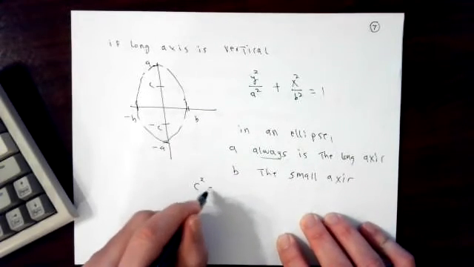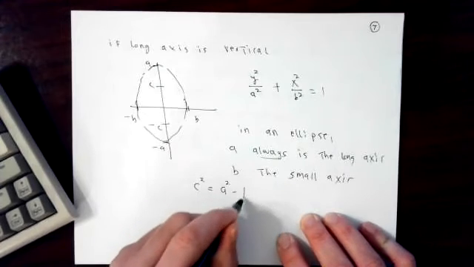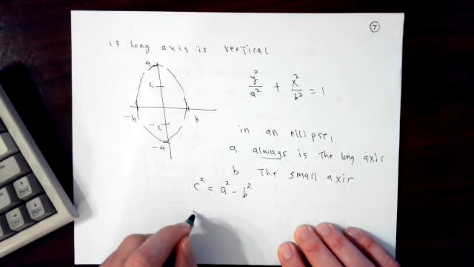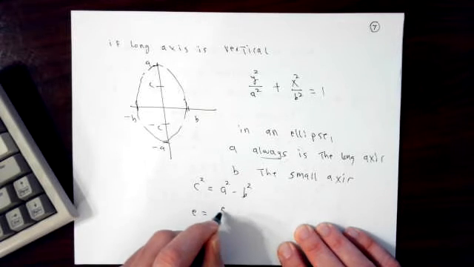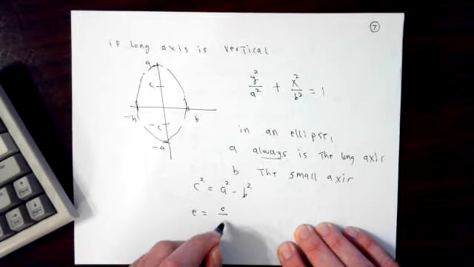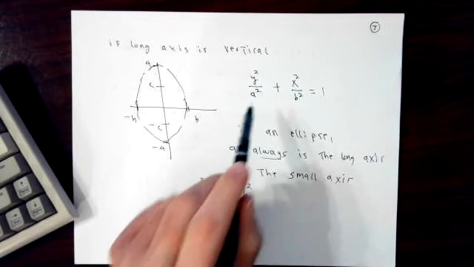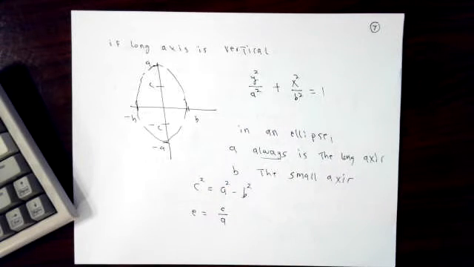I want to be able to calculate the location of the foci, using that same formula. And the eccentricity is c divided by a again. So really, it's immaterial to us whether the long axis is vertical or horizontal. We just have to keep straight where the a goes.